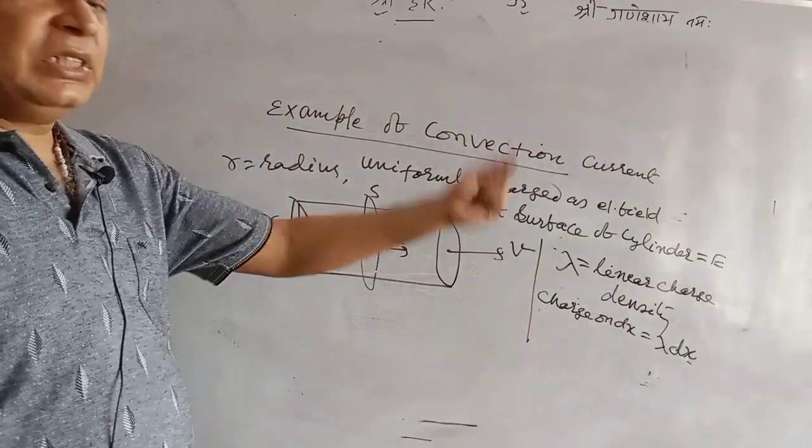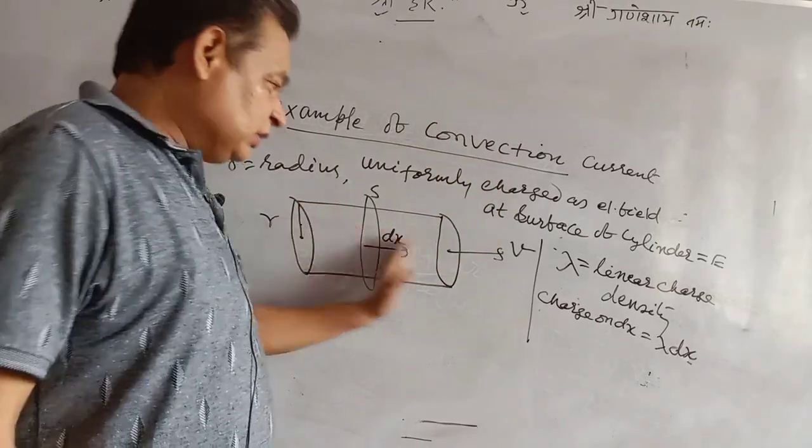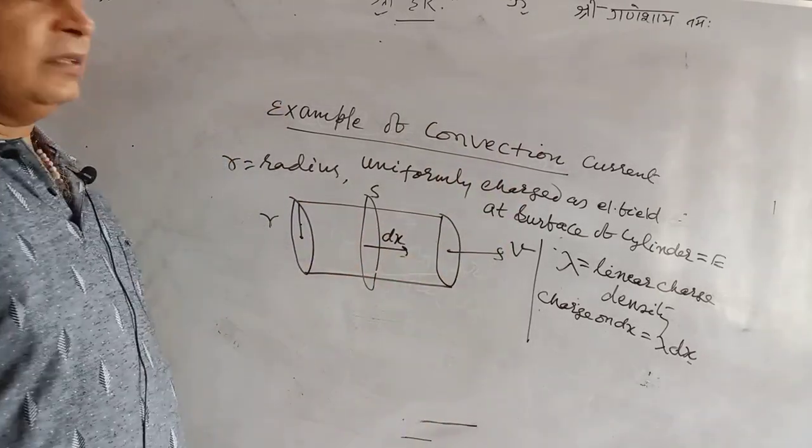Dx length is passing in dt time, so charge passing through this cross section will be lambda dx.